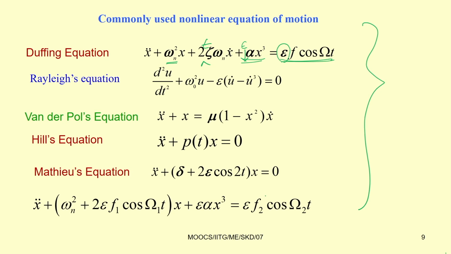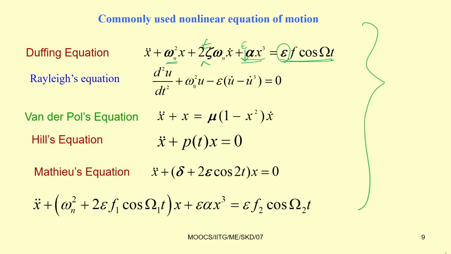So, this Duffing equation can be written in many different ways; many different variations can be done. As I told you already, you can introduce epsilon in the damping, or you may introduce a higher order epsilon, epsilon square.